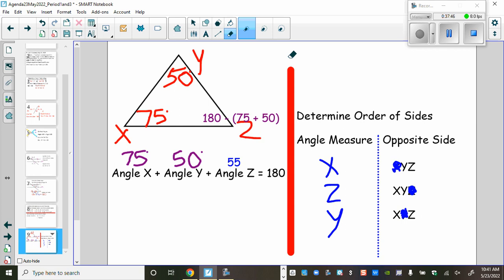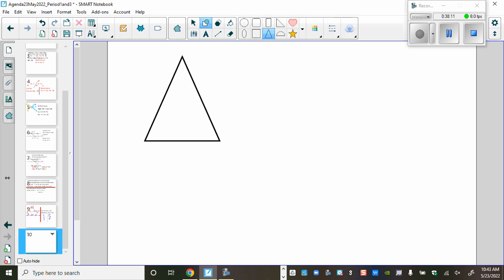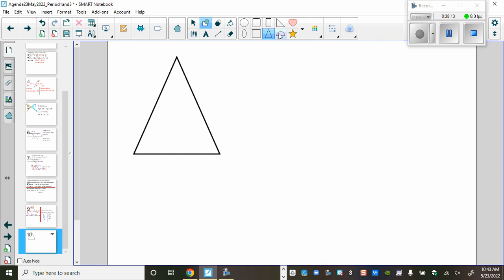Now, again, real quick, the next thing I want to talk about is the following. If we have an isosceles triangle, somebody give me three letters.